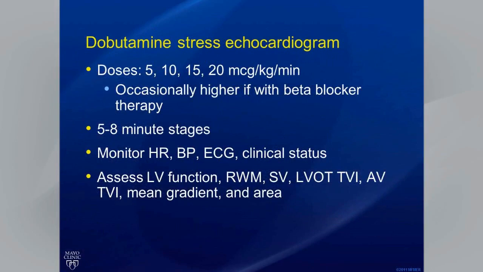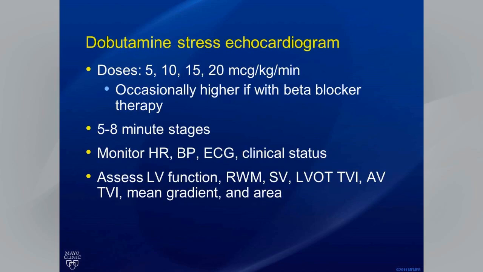Now, dobutamine stress echocardiography can also be applied to the patient with aortic valve disease. We use doses of 5, 10, 15, and 20, sometimes higher with beta blocker therapy, in these longer stages. We monitor heart rate, blood pressure, electrocardiogram, and the clinical status. We usually use this when the patient has reduced ejection fraction.